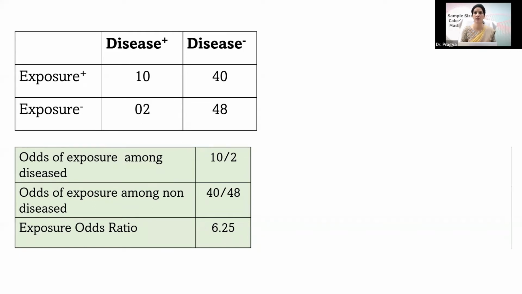Yes, Vijna, Sanjay, you are right. This will be the exposure odds ratio because I am measuring the odds of exposure among the disease. Now with this 2 by 2 table only, I can calculate the disease odds ratio also.